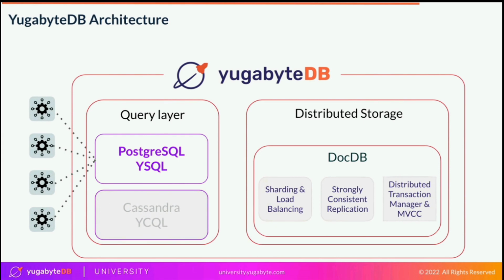That's going to be in charge of sharding and load balancing, in terms of data distribution, making sure the data is as evenly distributed as possible amongst the nodes in the cluster, which all have storage. It's also going to be responsible for strongly consistent, synchronous replication, and for how distributed transactions are managed. Something you certainly don't want to build if you're manually sharding databases. And then multi-version concurrency control. So that's, in a nutshell, at a very high level, what YugabyteDB's architecture is about.